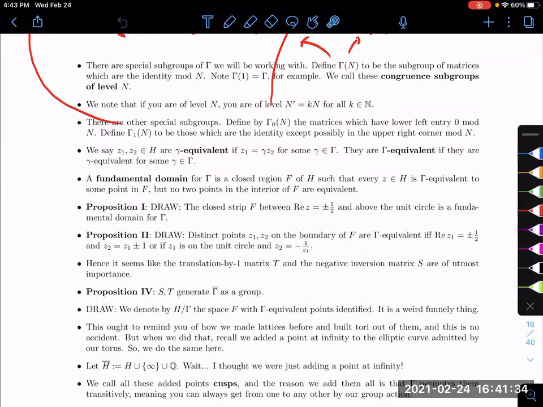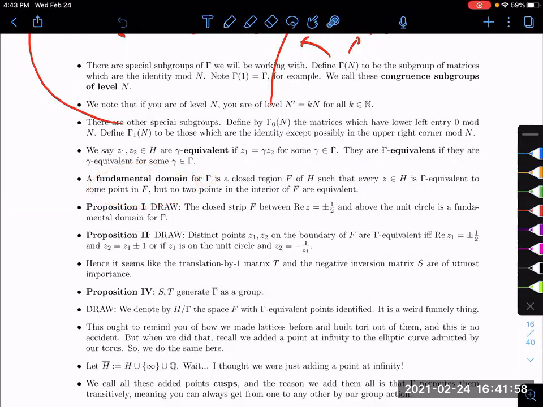And then it becomes interesting: are there regions of the upper half plane such that every point inside the upper half plane is gamma equivalent to some point in this region? It turns out there are, and they're called fundamental domains for gamma.